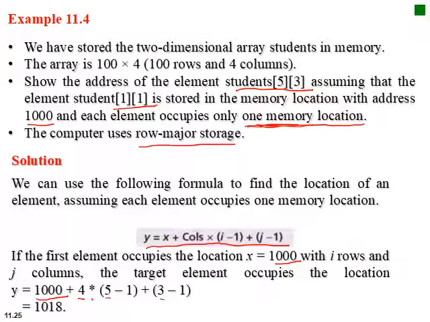If we work out the maths, we will find out that students 5.3 is stored at physical position number 1018.